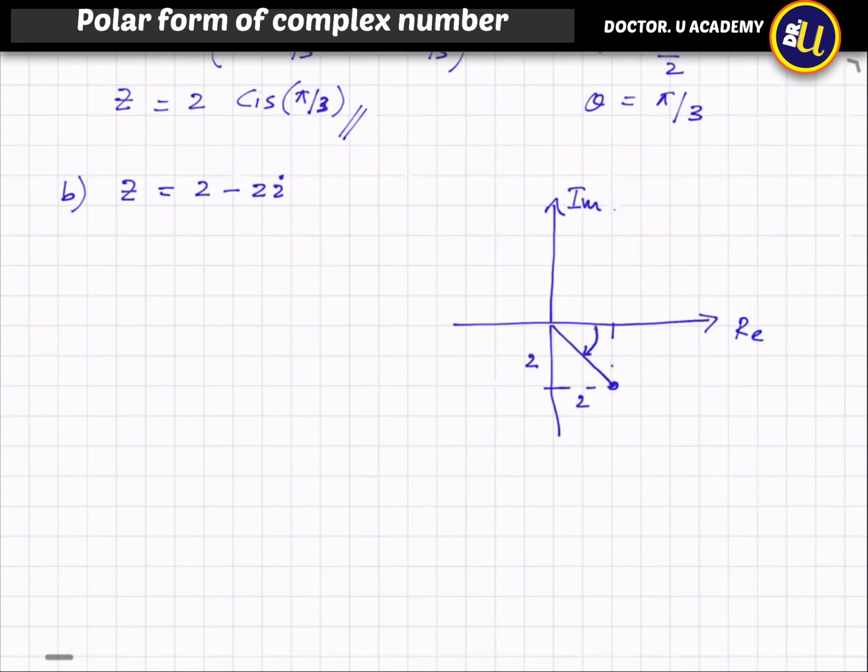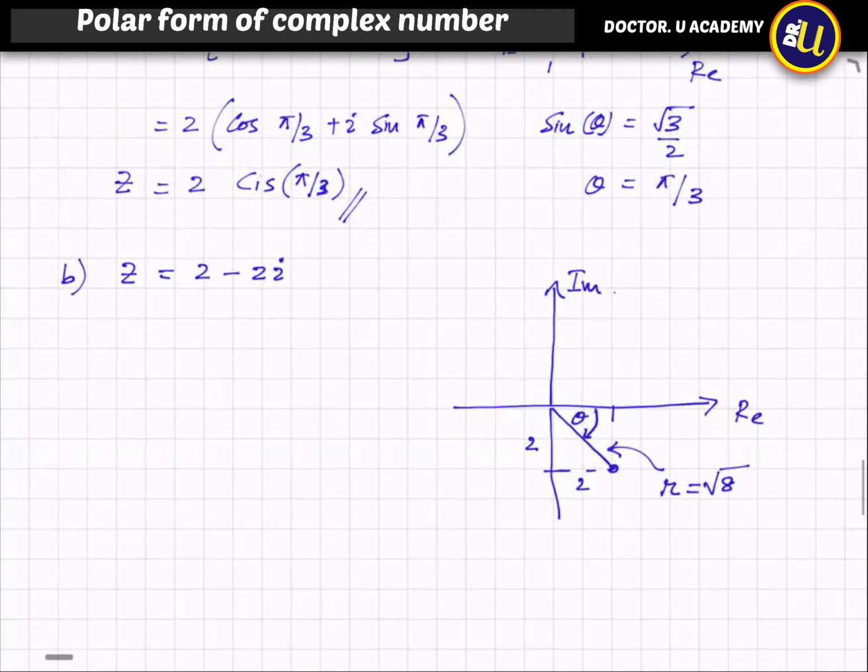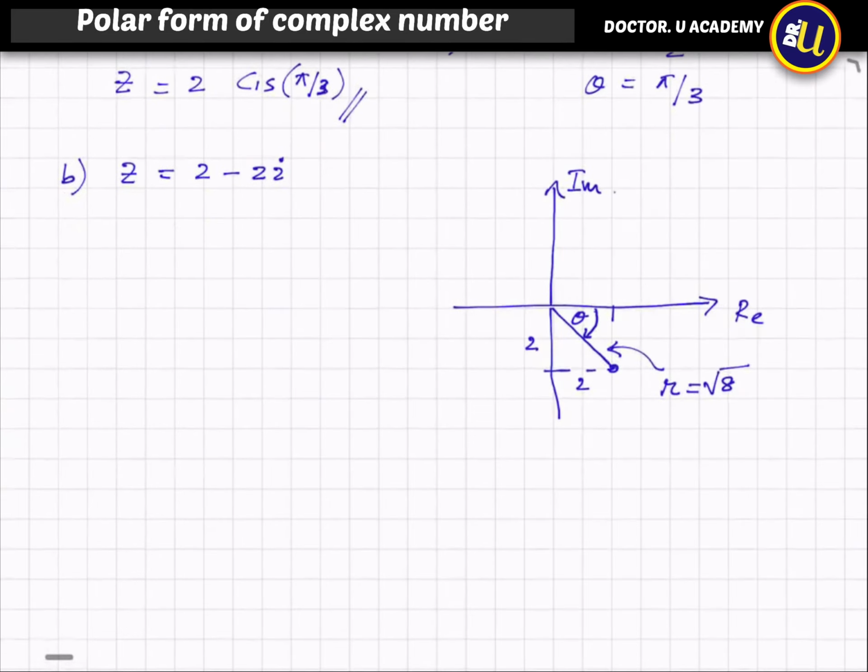Okay, so what about your r? So r would be 2 squared plus 2 squared, square root. So 2 squared is 4, 4 plus 4 is 8, square root of 8. So that is r. Now what about this theta? Theta is going to be 1, right?